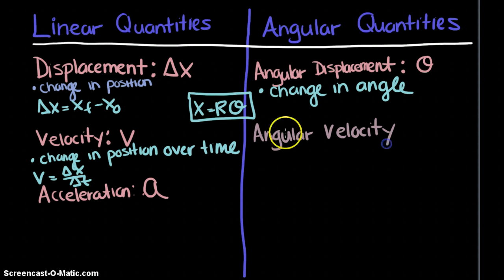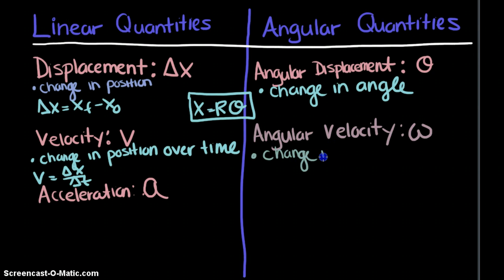And instead of v that you'd use for linear velocity, the angular velocity is kind of this weird symbol. It's a little omega, so it kind of looks like a little w, but it's a bit curvy. So when we talk about omega here, it's going to be a change in angle with respect to time. So very, very similar, just how velocity is displacement over time, angular velocity is angular displacement over time.